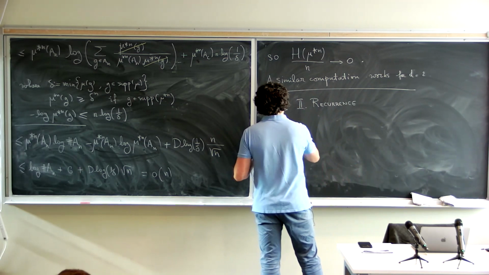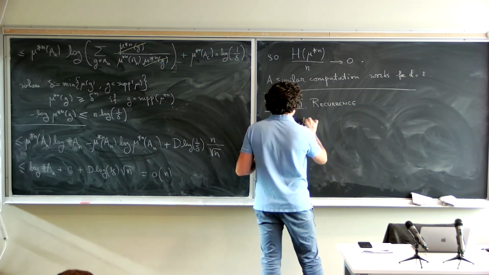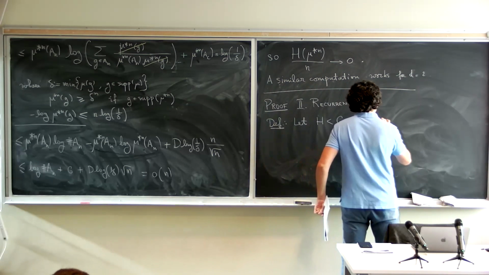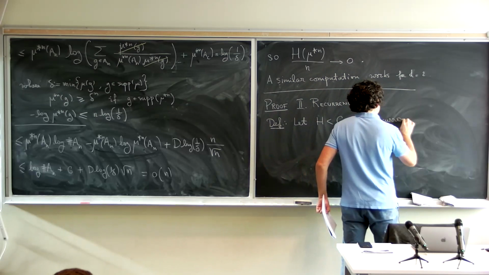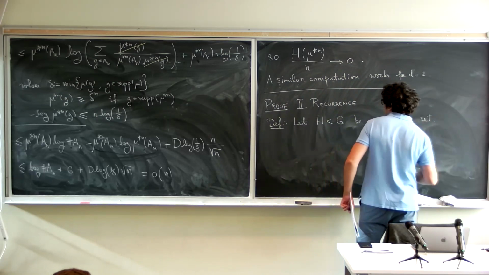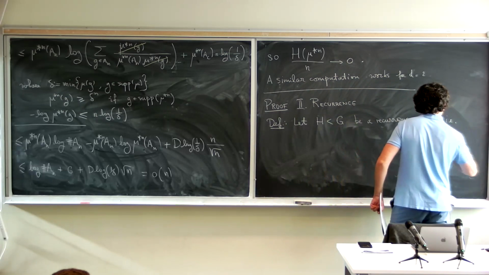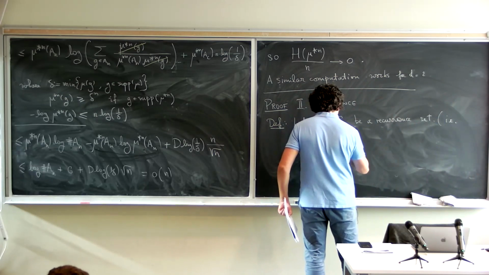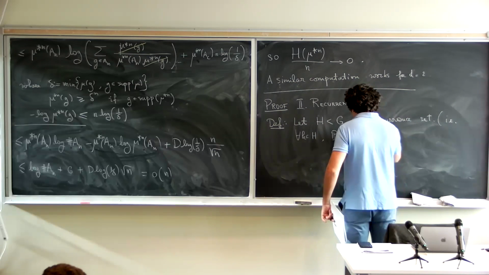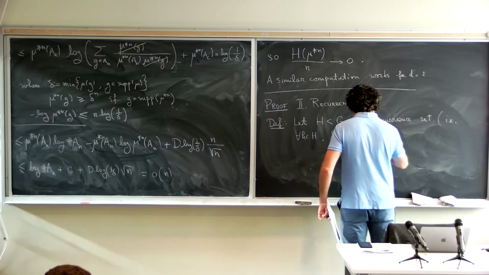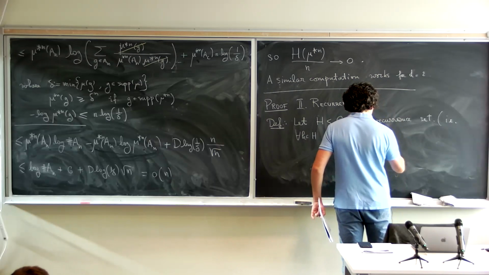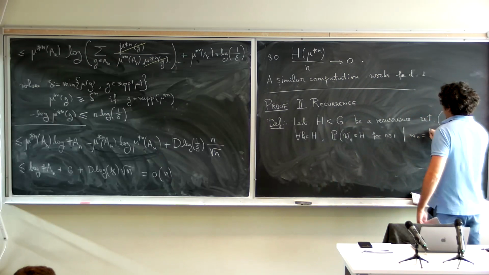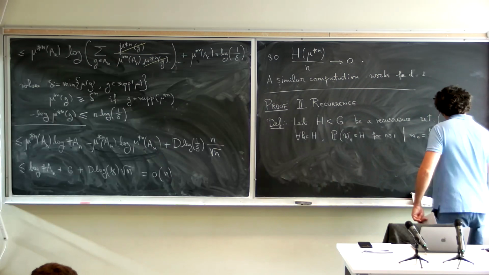The definition is like this. Let H inside the group G be a recurrent set. What does it mean? For any h in H, the probability that W_n is in H for some n bigger than or equal to 1, given that W_0 equals h, is 1.